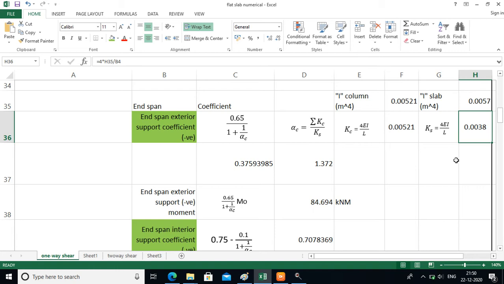We already have the thickness of slab, and we assume 1 meter width. So by using 1 meter width and the thickness, by the formula 1/12 b d cube, we can calculate the moment of inertia for the slab. Here I have put the formula, 1/12 b d cube, and the value is 0.0057. So this is the moment of inertia for slab.